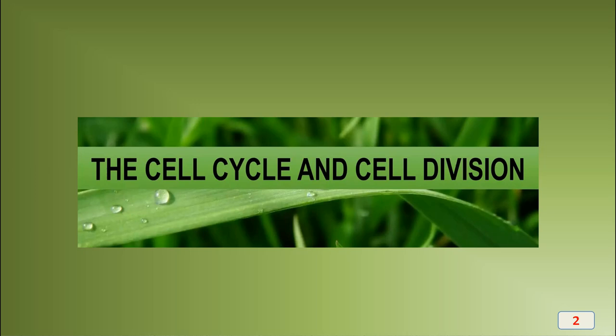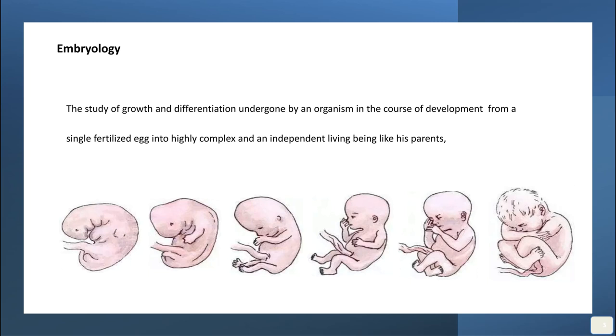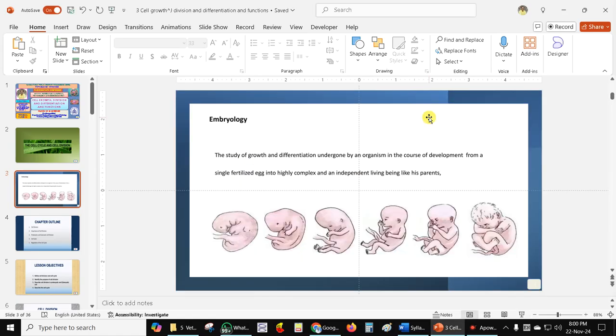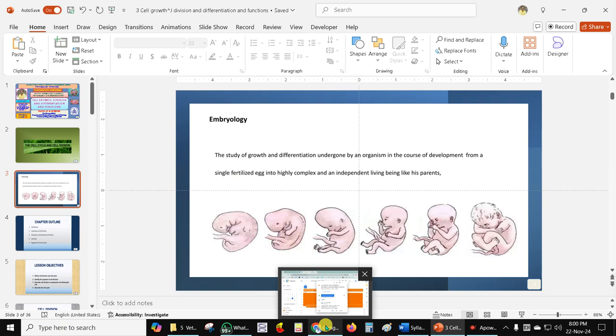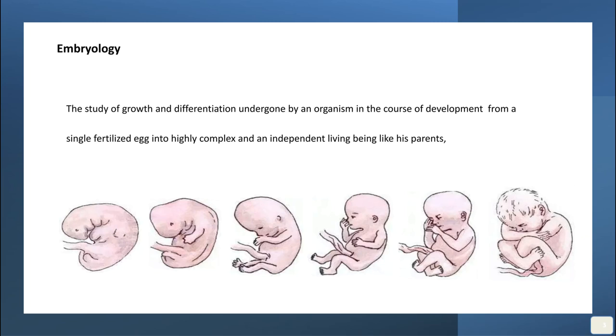Then the cell cycle and cell division is a process in which every animal is concerned. So everyone knows that the growth and differentiation undergone by an organism involves the multiplication of so many cells.